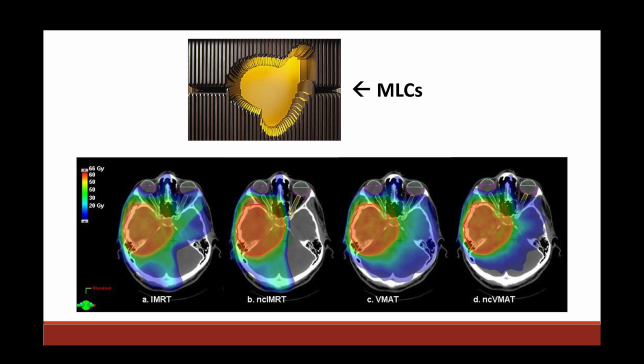And there are different types of IMRT. There's step and shoot IMRT, where the beam moves into one position, delivers the radiation, moves into another position, delivers the radiation. Sometimes those MLCs can move dynamically while the radiation is being delivered.